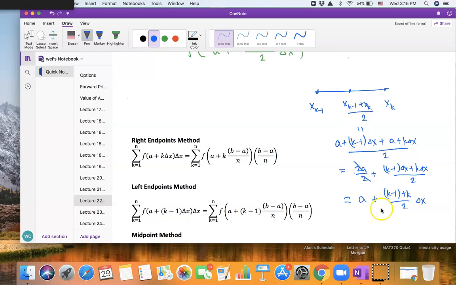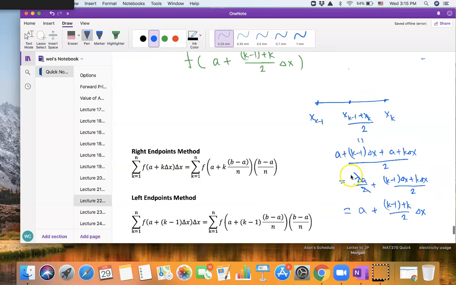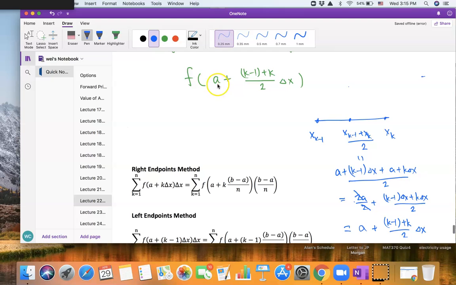That's how we find the coordinate of this middle point, and the height of the rectangle using the middle point is the function value at this number. So that's f of (a plus ((k minus 1) plus k) over 2 times delta x).